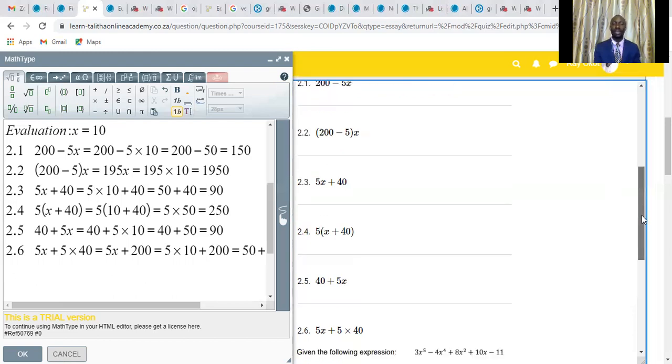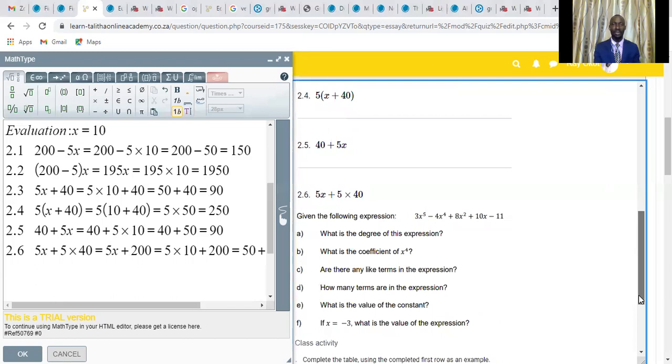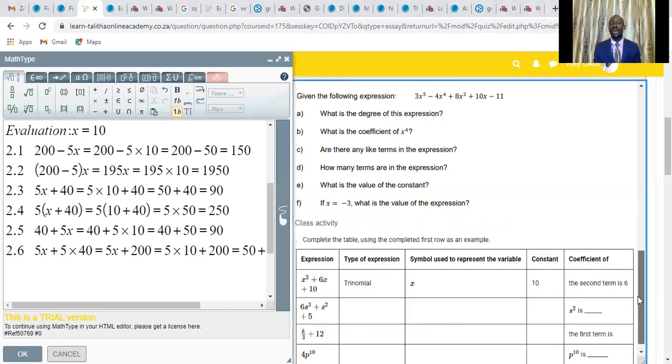Now, we do have one more question before you can have a class activity. Well, what is this question all about?